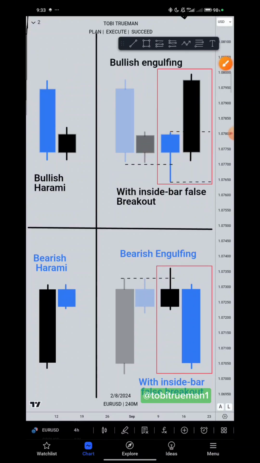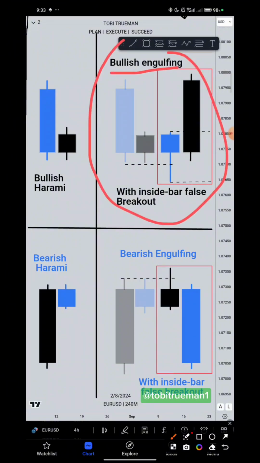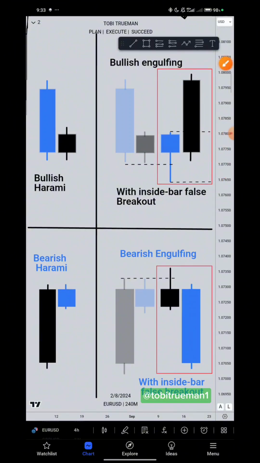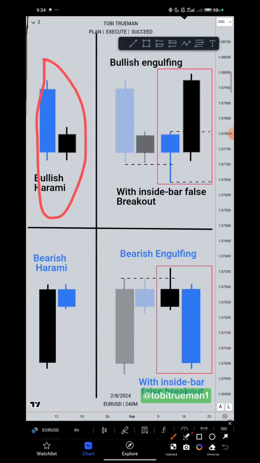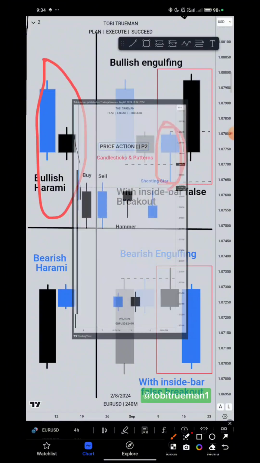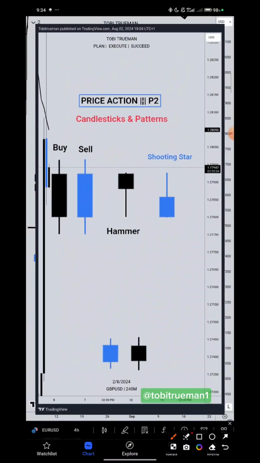And the purpose of this particular formation, where we have a bullish engulfing candle, which is this one in this red box here, and then we also have a formation of an inside bar false breakout. Now whenever price takes out a bullish Harami with a particular formation like this, the first candle I marked here, if you remember our candlestick formations, is called a hammer candlestick.